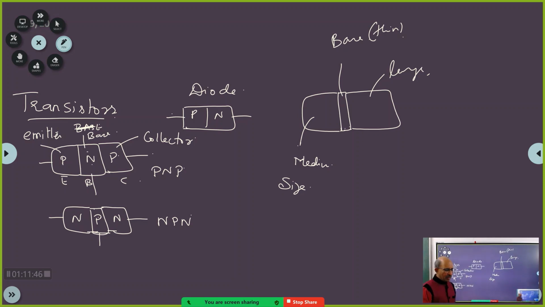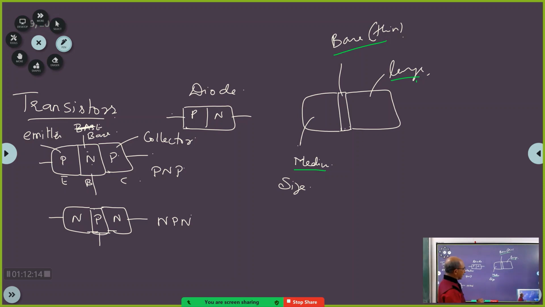You have your textbook there? NCERT, anybody there? Open the textbook. I want to correlate with the textbook. Is what I have written correct there? The base is thin, the collector is large, and the size of the emitter is medium. Have they written like that?